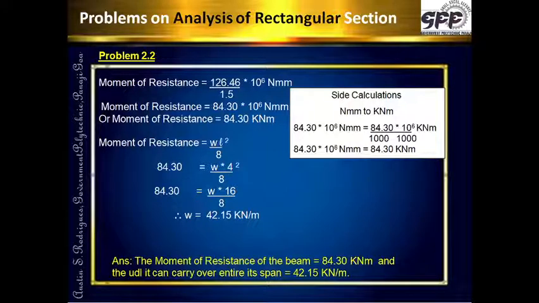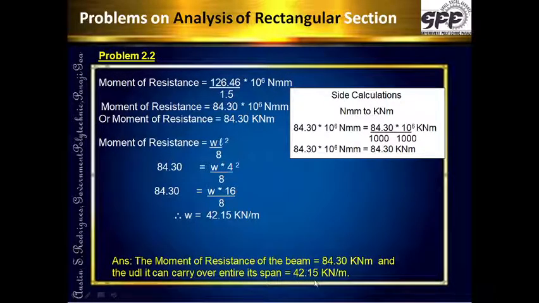But suppose we round off this 42.15 and say the UDL it can carry over its entire span is 42.2, or 42.5, or 43 kilonewton per meter.